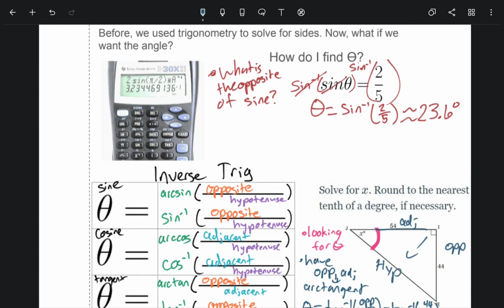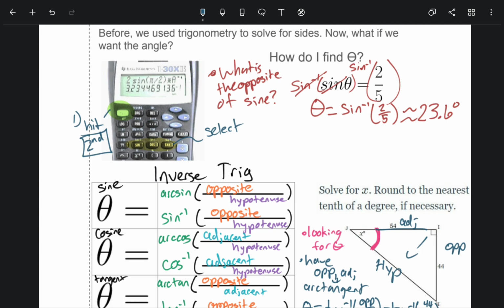Now, a refresher, to do these in a calculator, first you need to hit the second key highlighted here in green. Then you're going to select which one of the trig functions you want the inverse of, which I've highlighted here in yellow.